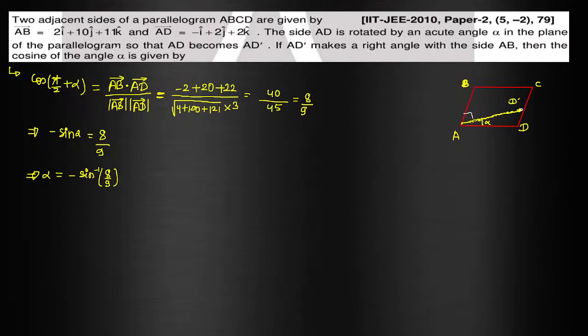So AB dot AD is simply 2 minus 2 plus 20, that is 20, upon root under 4 plus 100 plus 121, and this is 3. So we have 40 by 45, that is 8 by 9. So we got this as minus sin alpha. So sin alpha is minus 8 by 9, so alpha is minus sine inverse of 8 by 9. So we got the angle.